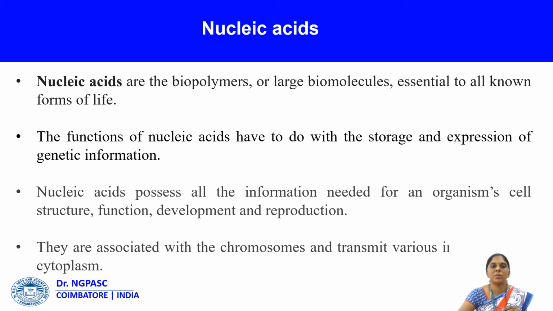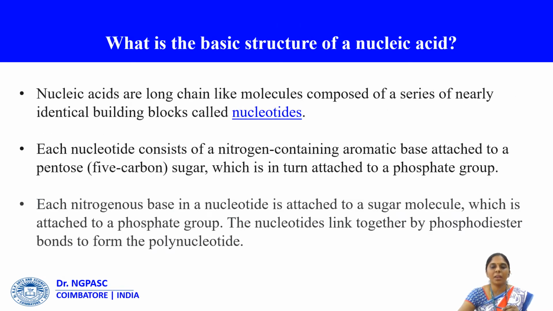So this nucleic acid has all the information which is necessary for the living organisms: cell structure, function, development, and reproduction. So they are associated with the chromosome and transmit various information from a parent to a daughter.